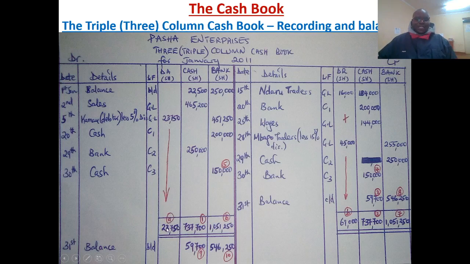We are through with that, step A. Then step B, we look at the total for this column, 16,000 and 45,000, and we insert that here. We don't balance this against this because they relate to different accounts and different activities. This relates to debtors, those we sell to, and this relates to suppliers or our creditors. We are through with that.